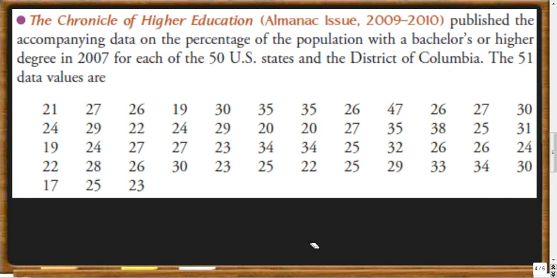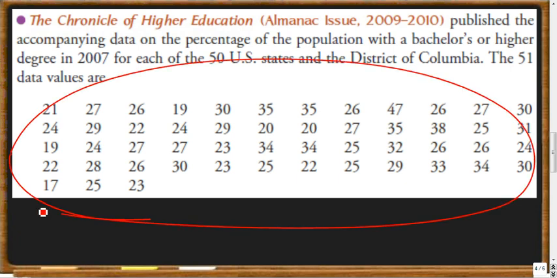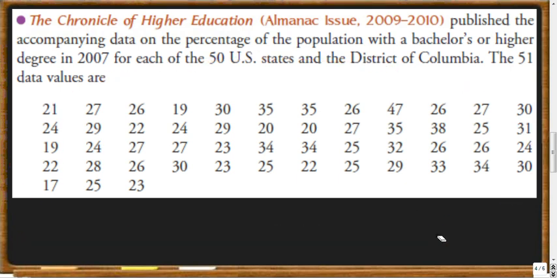So we have all this information about the percentage of the population who have a bachelor's degree or higher in 2007 for each state. So these are all percentages. We've got some low ones and some pretty decently high ones. This is 51 data values because we are adding in DC.